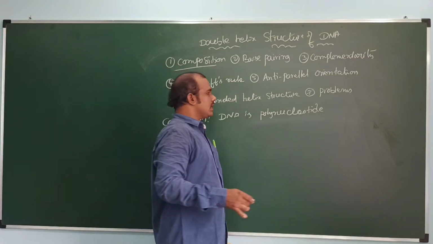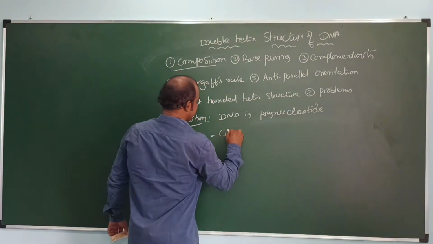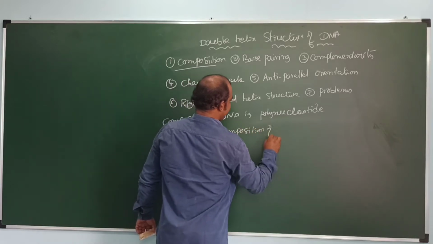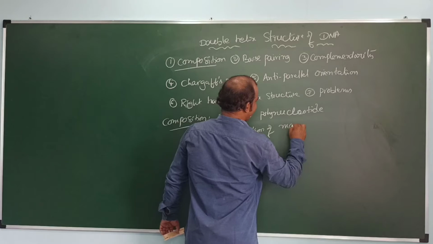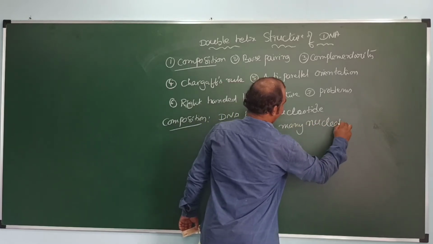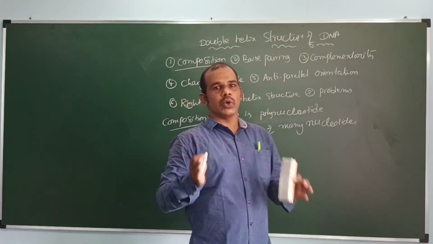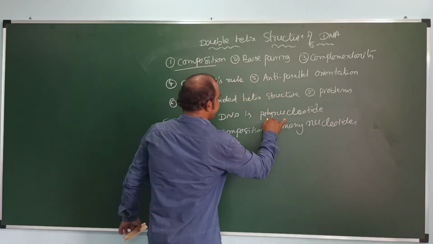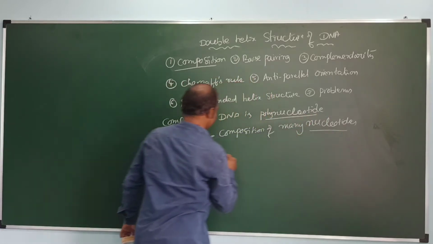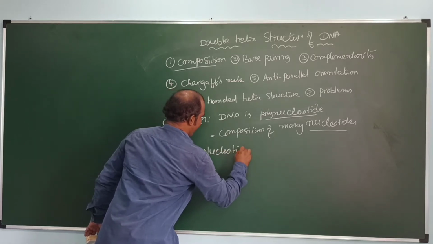Polynucleotide means composition of many nucleotides. So many nucleotides together form polynucleotide.